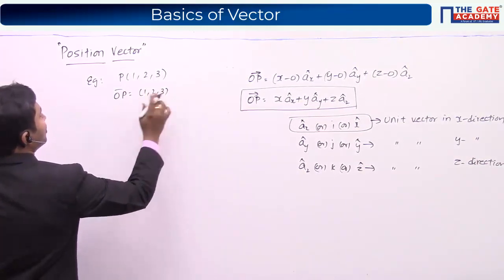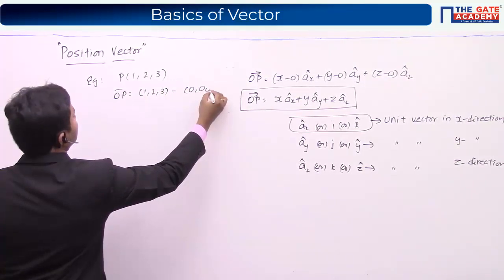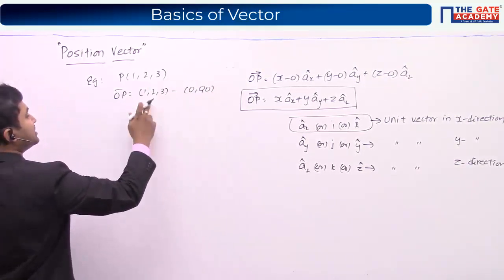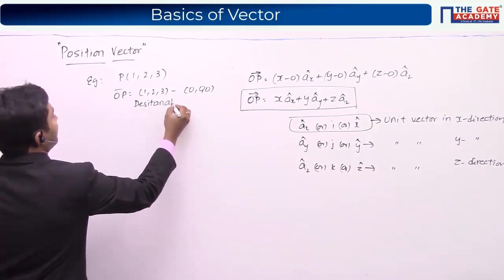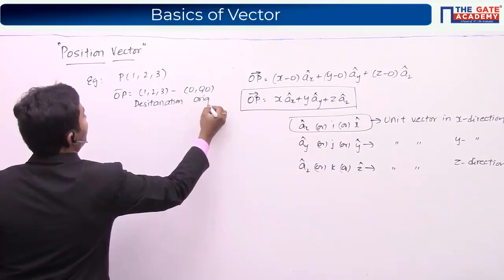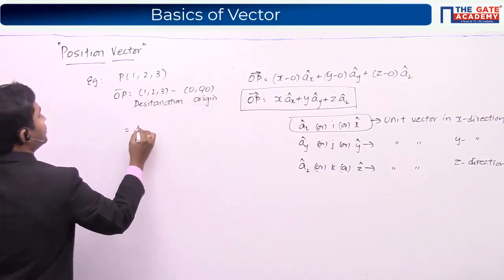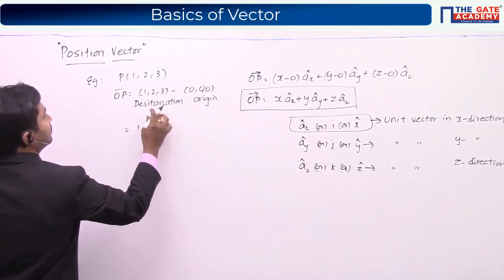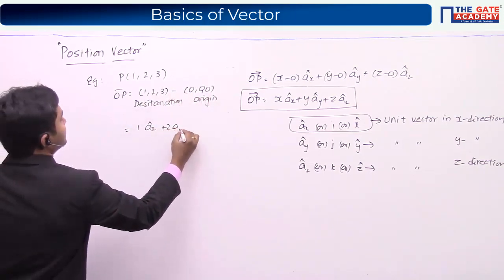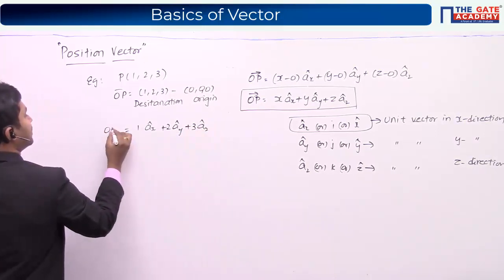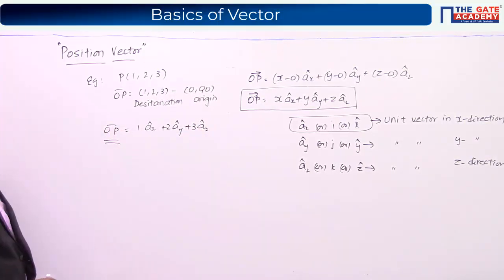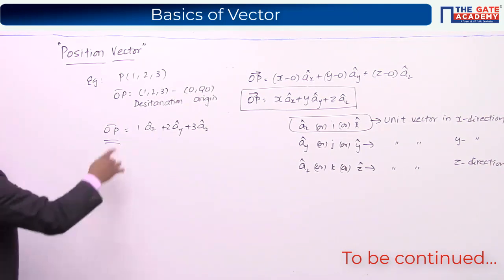You are moving from origin to destination, so destination minus origin. 1 minus 0 is 1 unit in the x direction, 2 minus 0 is 2 units in the y direction, 3 minus 0 is 3 units in the z direction. This is what we call OP bar, the position vector for the point P, which is 1, 2, 3.